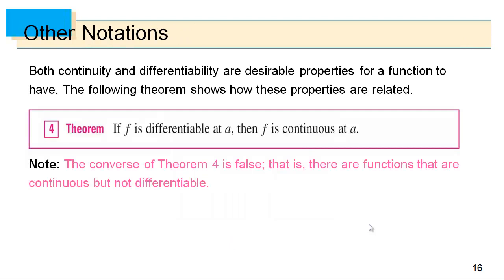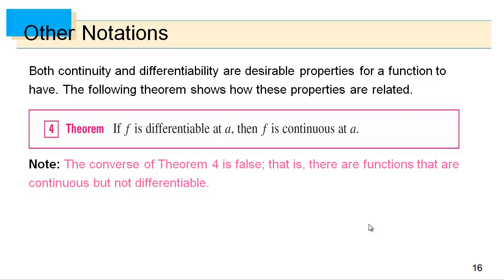And this brings us to the idea of continuity and differentiability. If f is differentiable at a, then f is continuous at a. So if the derivative exists, then f is continuous at that point.